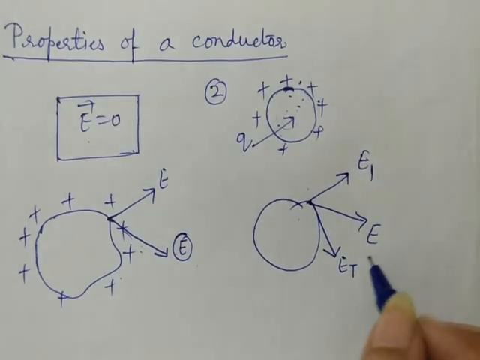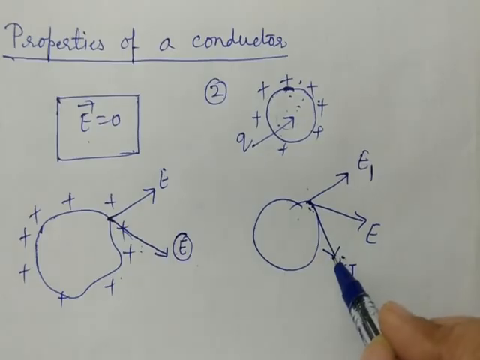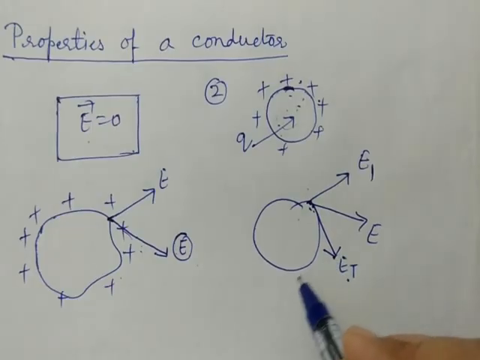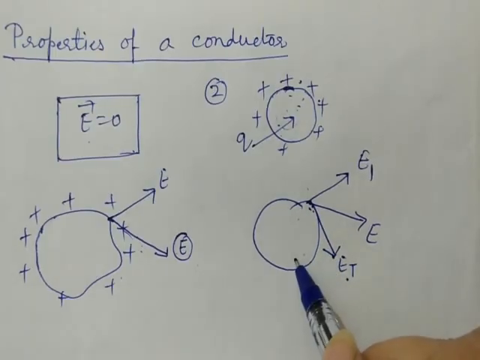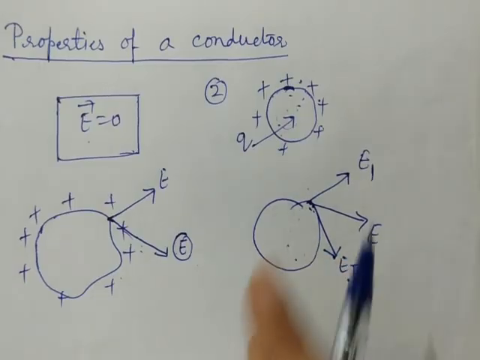So in this case, the electric field will have a component along the tangent of the surface, and the surface will have some electric field, whereas in a conductor we say that there is no electric field inside the conductor.